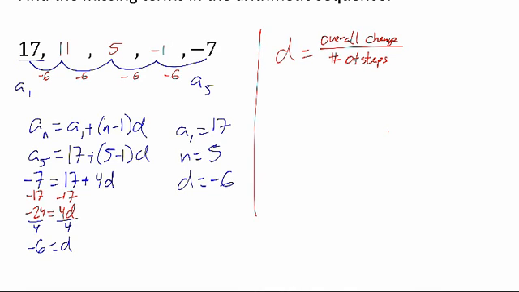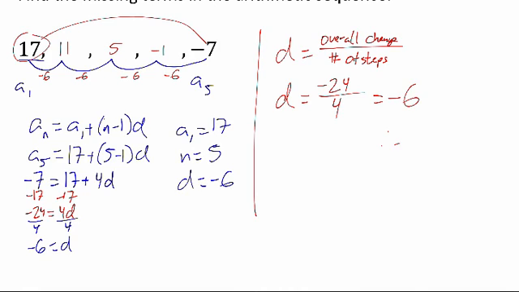So it's your overall change divided by your total number of steps. That means going from your first term to your last term. Going from 17 down to negative 7, we went down by 24 over a period of 4 steps, which gives us that change of negative 6.